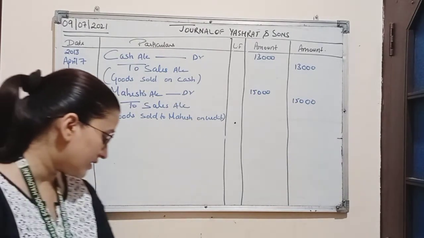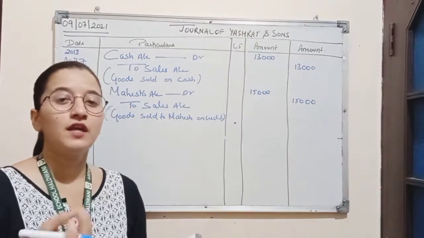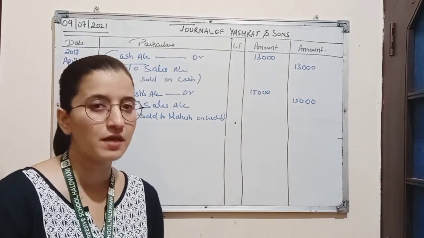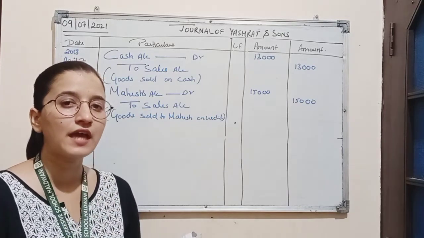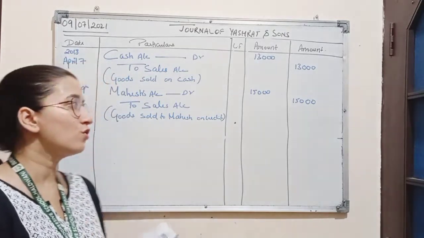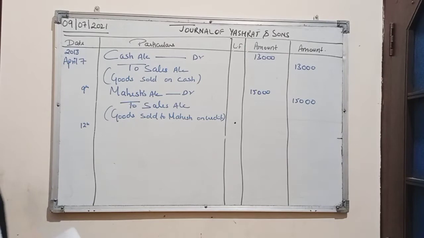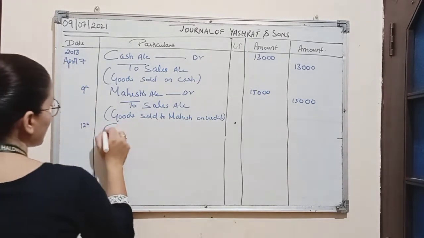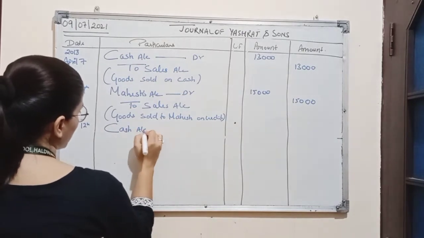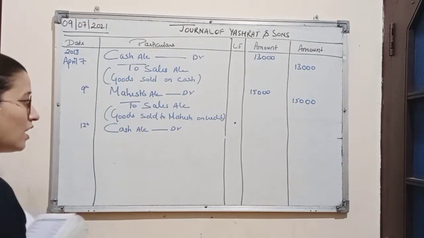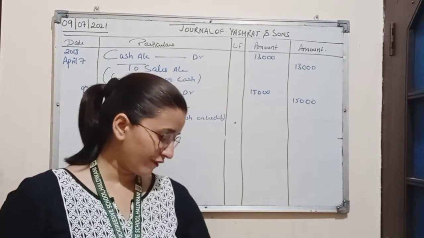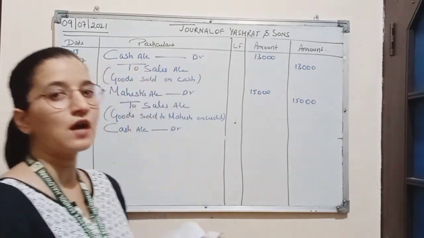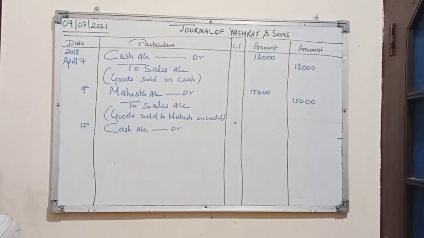Now, third transaction is on 12th of April. Transaction is received cash from Mahesh. Again two accounts are affected, cash and Mahesh account. We have received the cash. Cash is a real account. Rule for real account is debit what comes in, credit what goes out. So, cash is coming in the business. We will debit cash account. And who is the giver of cash? Mahesh. Mahesh is a personal account. Rule for personal account is debit the receiver, credit the giver.